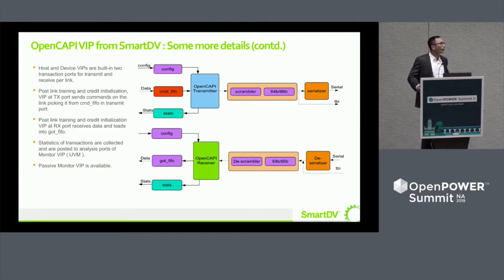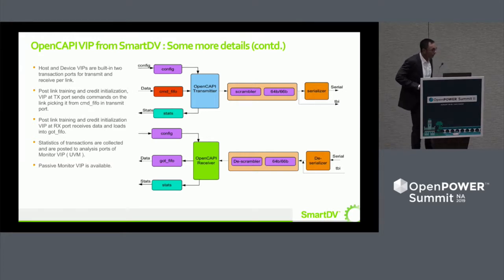And the way our BFM, the host BFM, will work is, if the link is up after the training, then it will look into the common FIFO, and if it's empty, then it will start sending idle frames. Once it sees that something is in the common FIFO, it starts sending that over the link.